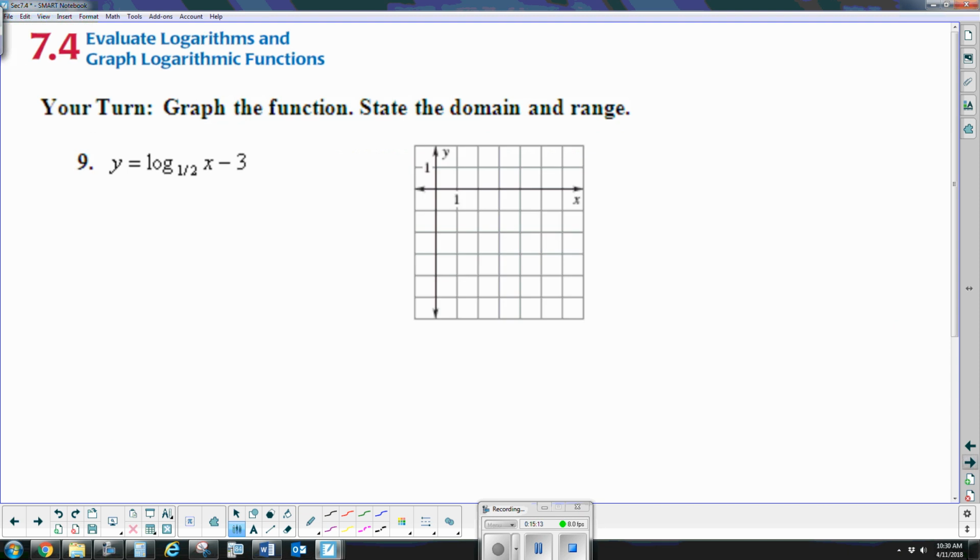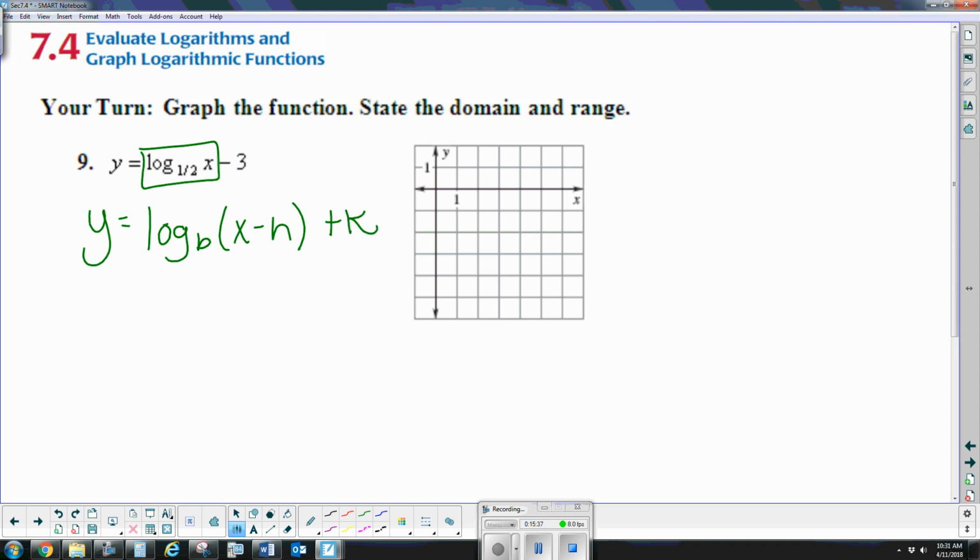All right, try this next one on your own. Again, you're going to just start by graphing this function. And just to keep in your mind here, we're looking at log of base b, x minus h plus k.